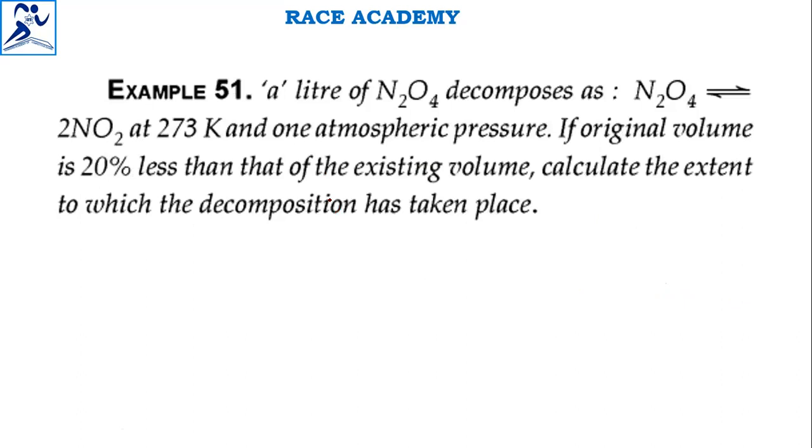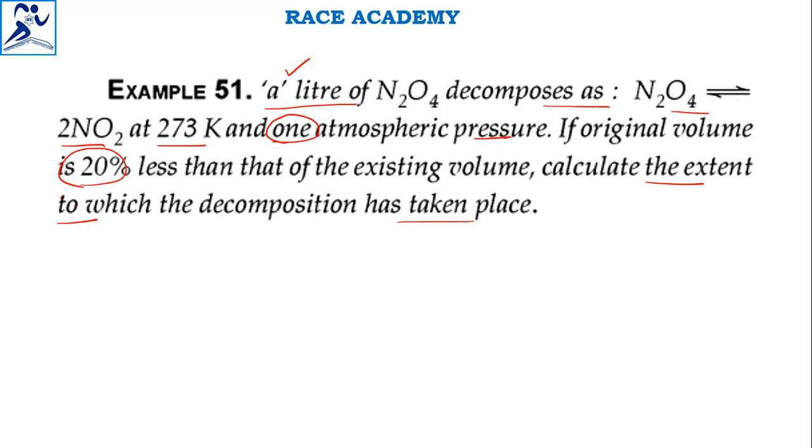Next question. A liter of N2O4 decomposes as N2O4 gives rise to 2NO2. That means A liters, even small a liters, at 273 Kelvin and 1 atmosphere pressure. If the original volume is 20% less than that of existing volume, then calculate the extent to which the decomposition has taken place.